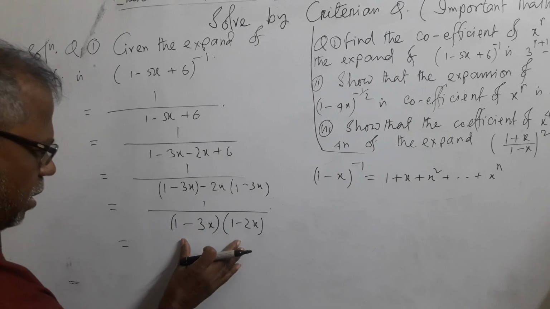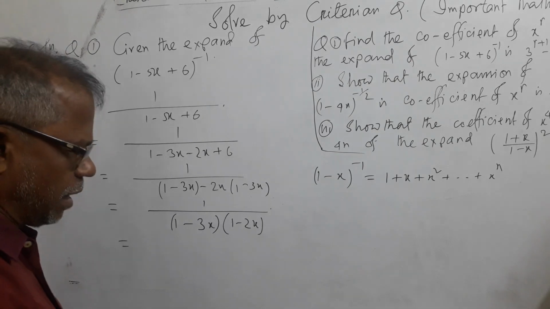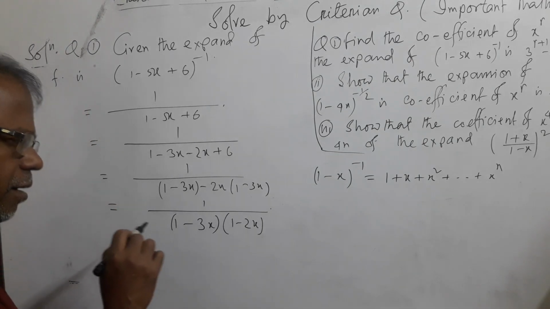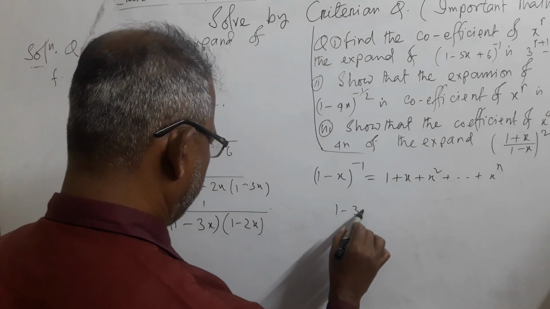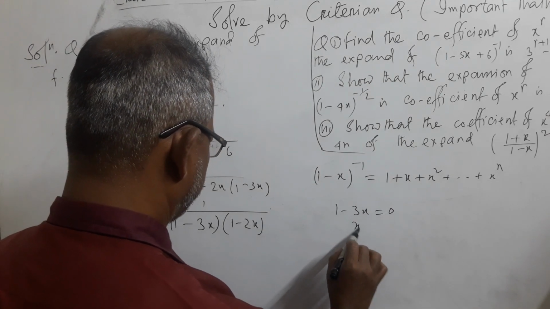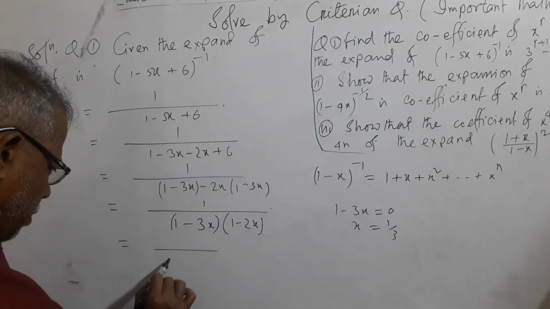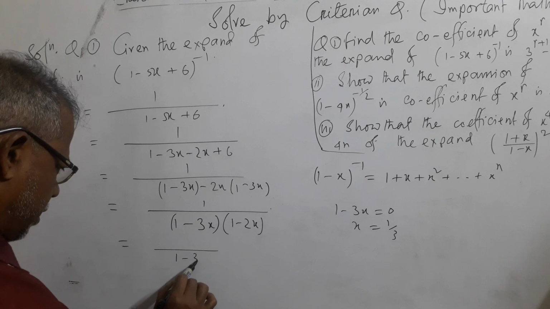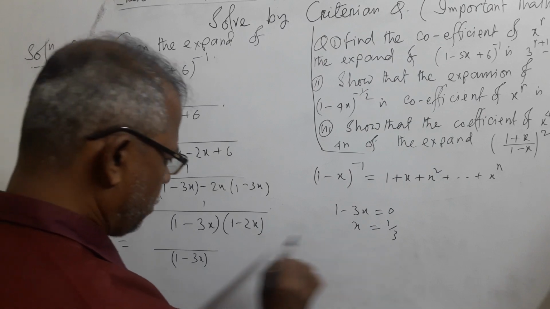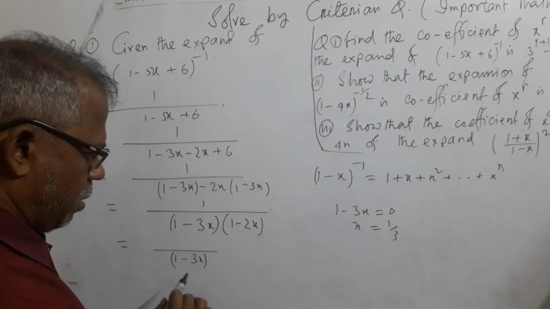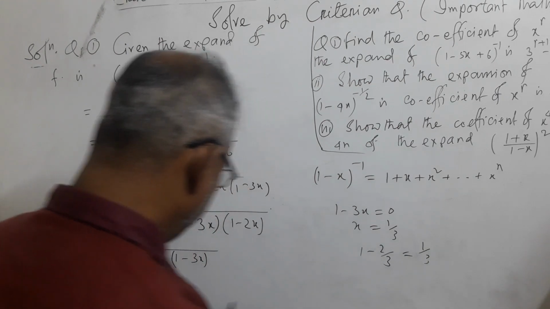Now this function is a fraction, and previous lectures cover this fraction function. So 1 minus 3x equal to 0 gives x equal to 1/3, and then 1 minus 2 by 3 is 1 by 3.